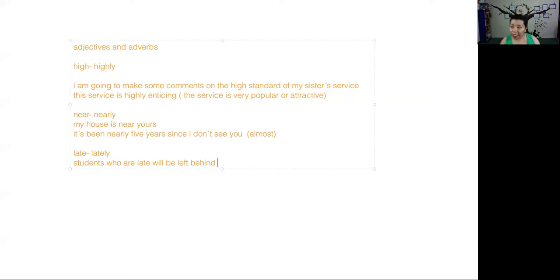Students who are late will be left behind. Here we're using a functional word expressing time: if they are late, they will not be accepted in the class.